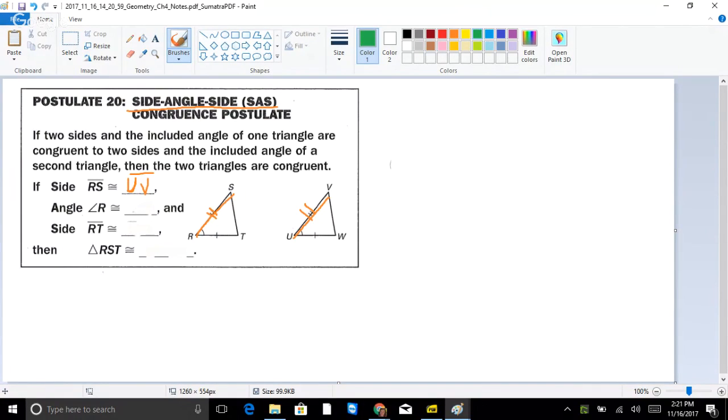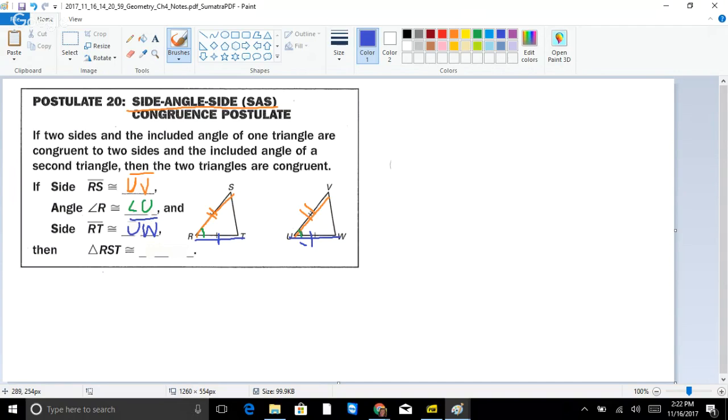Then we have that angle R is congruent to angle U. And last, we have that line RT is congruent to line UW. So we don't have three sides congruent, but we have two sides and the angle that joins them together, which is called the included angle. Those are all congruent to each other.